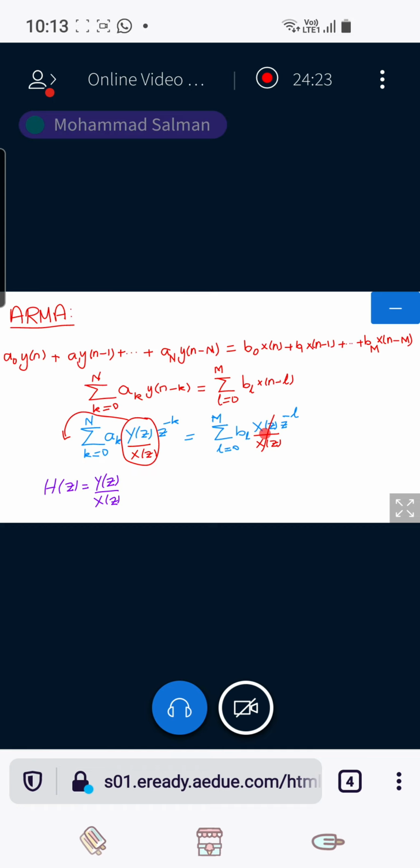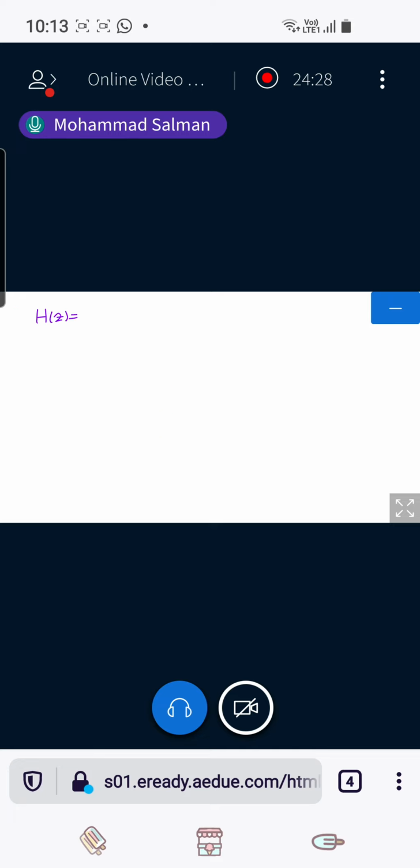It is this summation of b sub l, z to the power minus l, over the summation from k equals 0 to capital N of a sub k, z to the power minus k. Okay, ladies and gentlemen, clear?